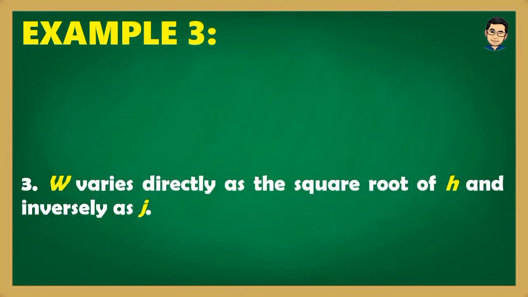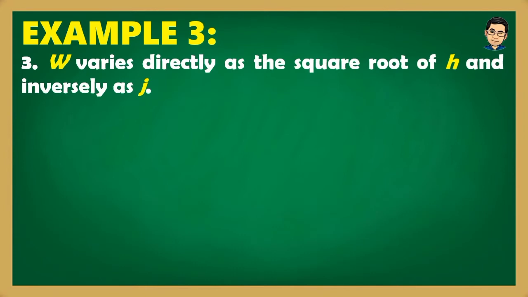For example number 3, W varies directly as the square root of H and inversely as J. So, W equals, again, the constant of variation, and then based from the given statement, the square root of h. Okay, that is square root of h.